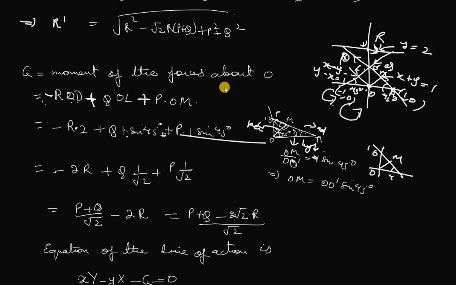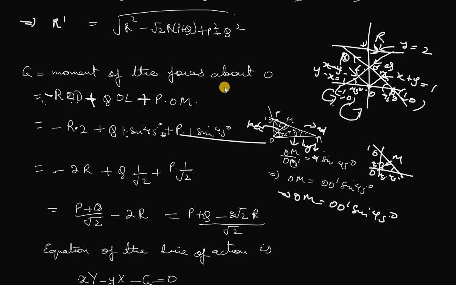So OM by OO prime gives you sine 45 degrees, which implies that OM is equal to OO prime into sine of 45 degrees.